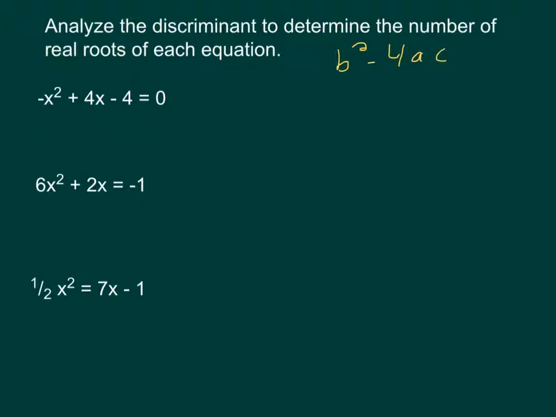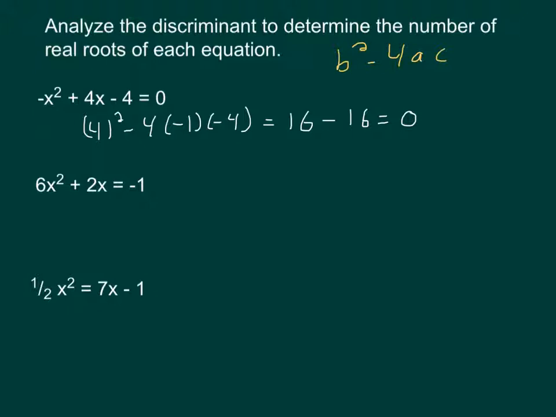It equals 0, so I just plug into that. My b squared is 4 squared, minus 4 times a, which is negative 1, times c, which is negative 4. 4 squared is 16, minus 4 times negative 1 times negative 4, which is 16. And 16 minus 16 is 0.